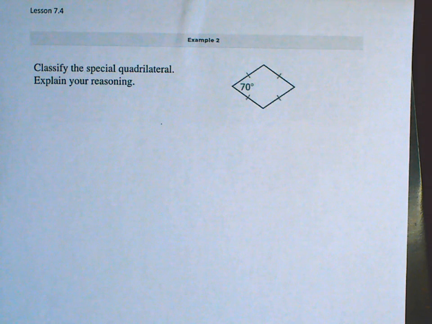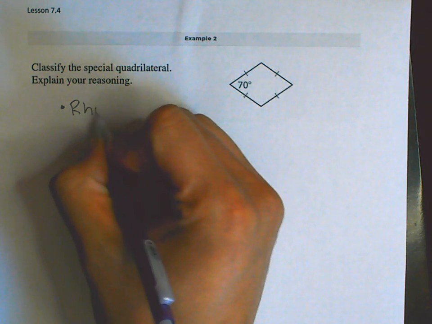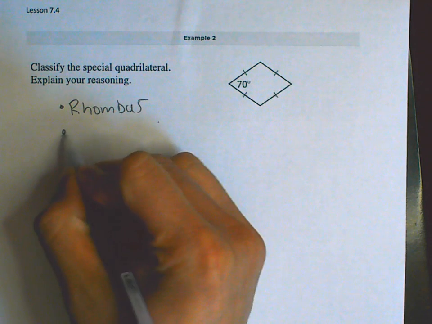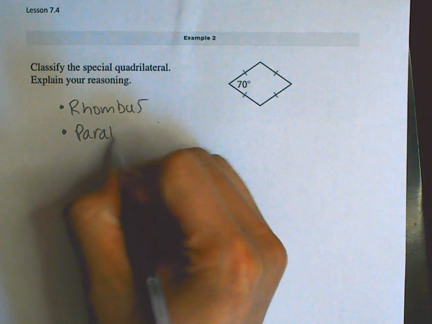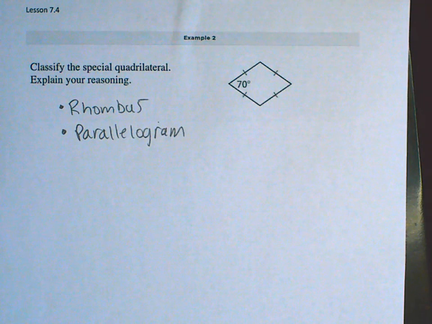Okay, so the only thing that we know here by definition is that this is going to be a rhombus. So we're going to call this a rhombus. And because it is a rhombus, it's also going to be a parallelogram. And those are the 2 classifications that you can get for this problem. Let's look at number 3.